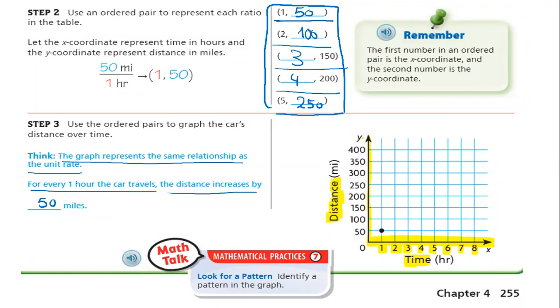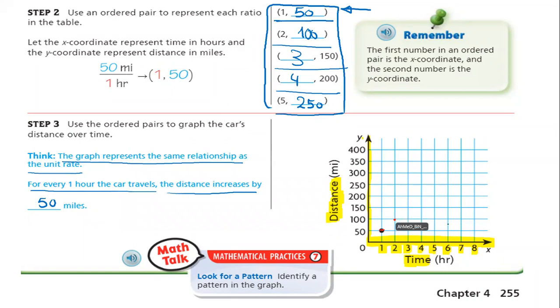For every 1 hour the car travels, the distance increases by 50 miles. Okay, let us see the first point. Does it represent the first point? Yes, it's here. 1 and 50. Where is 2? Here too, and I put the points.